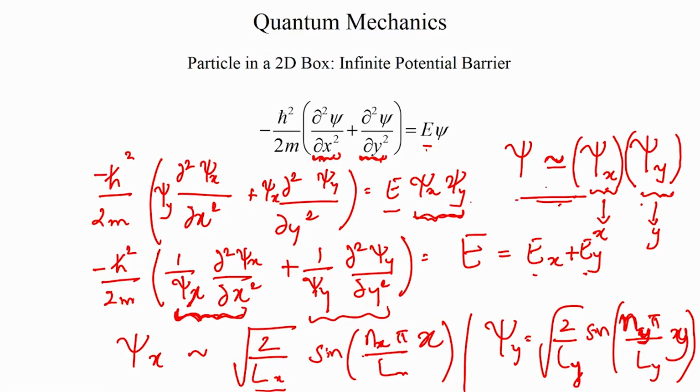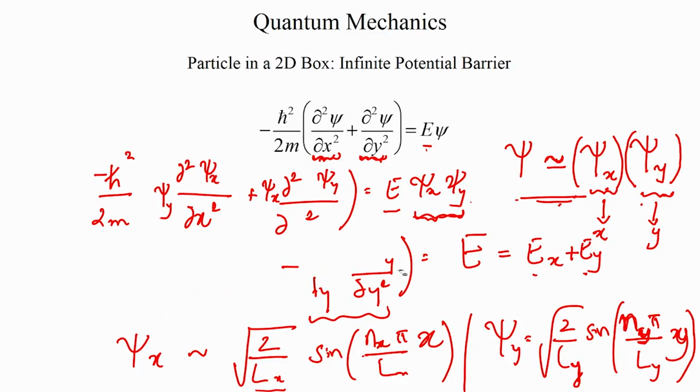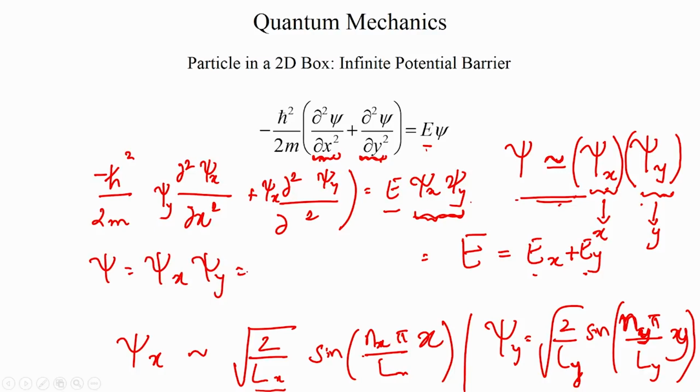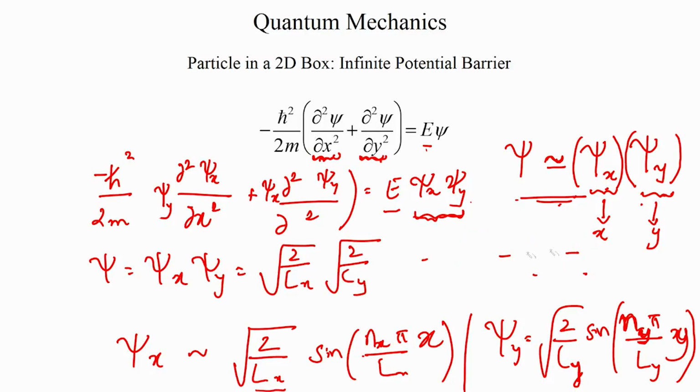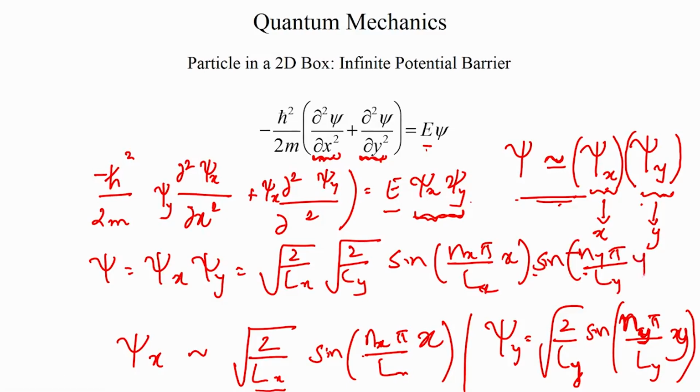And the total wave function is simply the product of these two, psi x into psi y, which is square root of 2 by Lx, square root of 2 by Ly into the product of the two sinusoid terms, sine of nx pi by Lx into x, sine of ny pi by Ly into y.